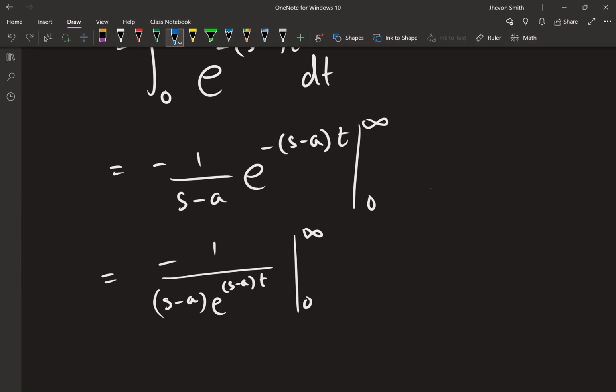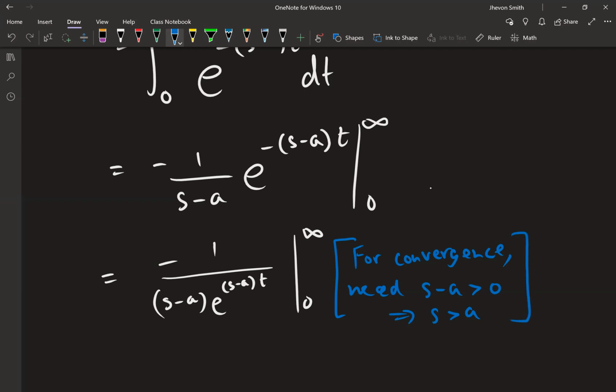So you should notice for convergence we need s minus a to be positive. That is to say, s must be larger than a. So that is also an assumption.